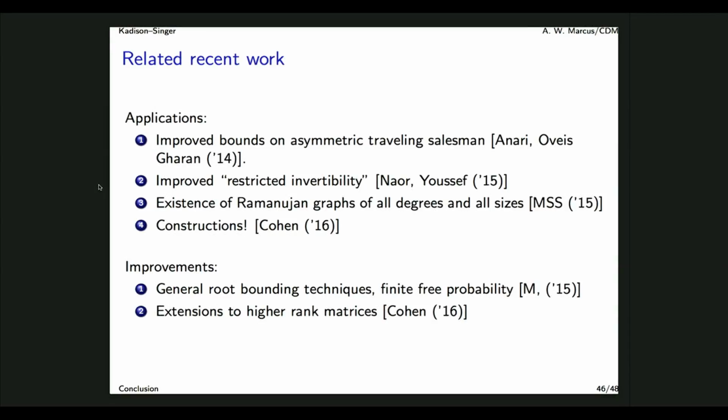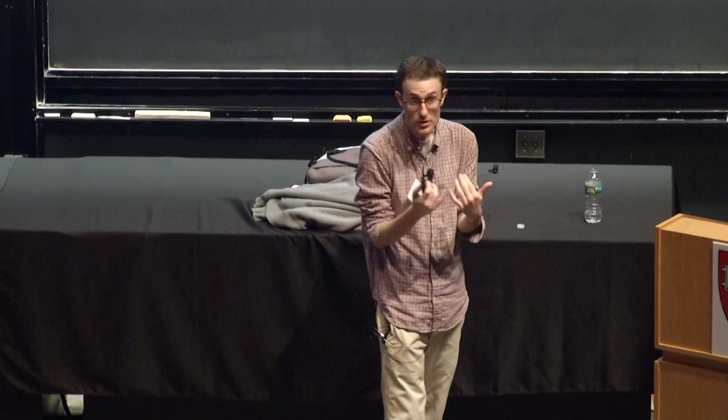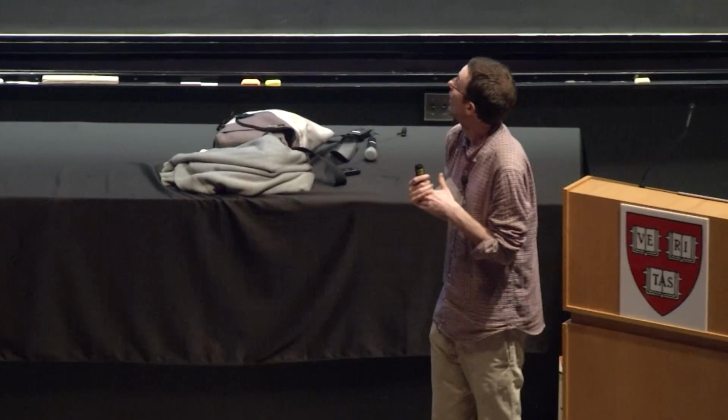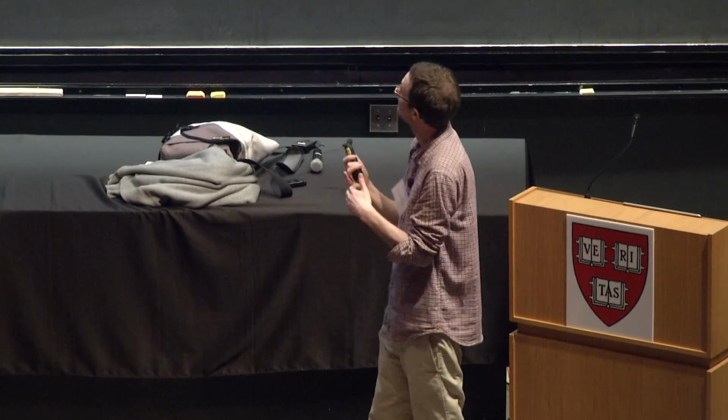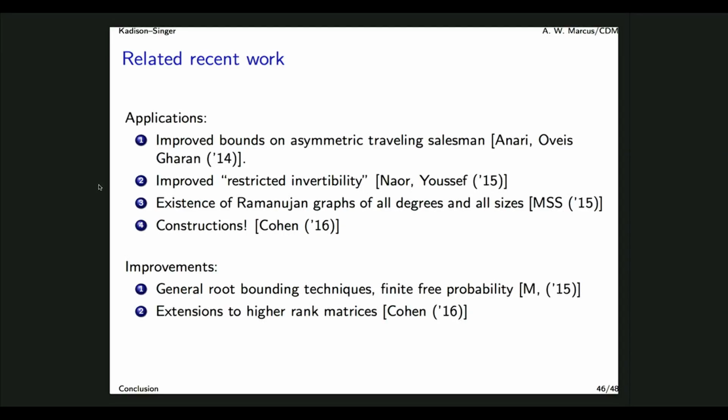So these extensions give general techniques that you can use. And they turn out to be related to free probability and explain why these polynomials are actually good bounds.